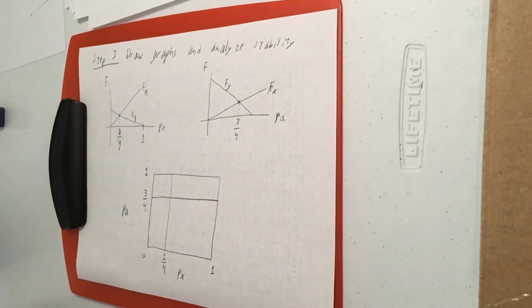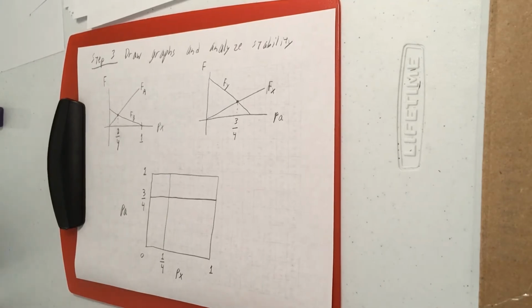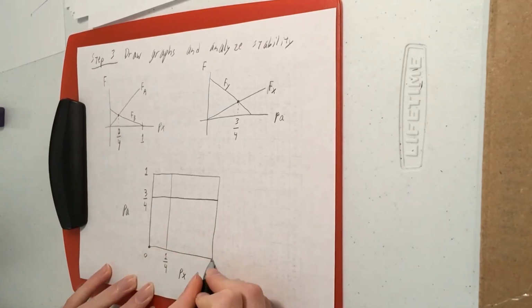So for the equilibria, we have monomorphisms where everybody's the same type, and we also have the polymorphism where there's a mixture of types. So the monomorphisms are all the corners here.